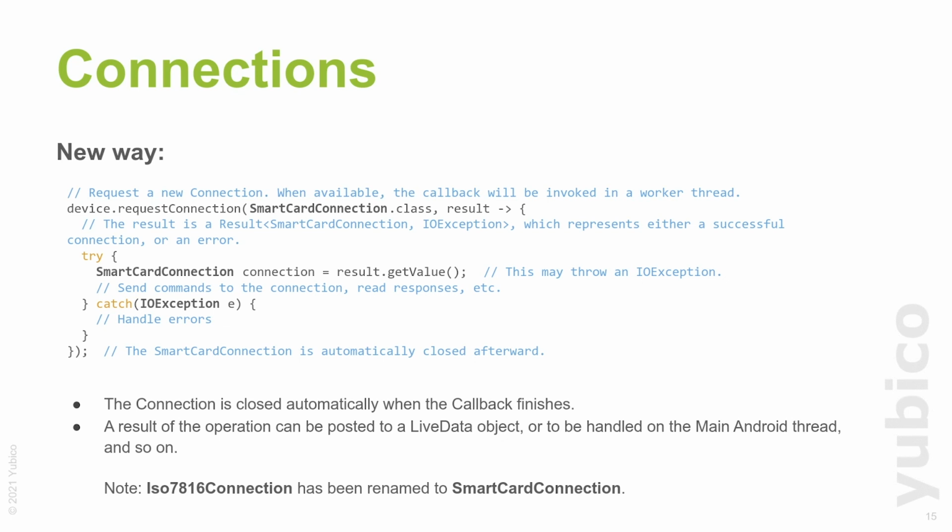So you still get to do that error checking in this block. We've also renamed the ISO 7816 connection class to smart card connection, which is a bit more user friendly and just easier to say as well.